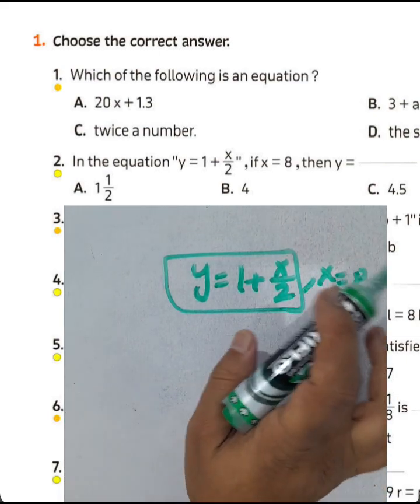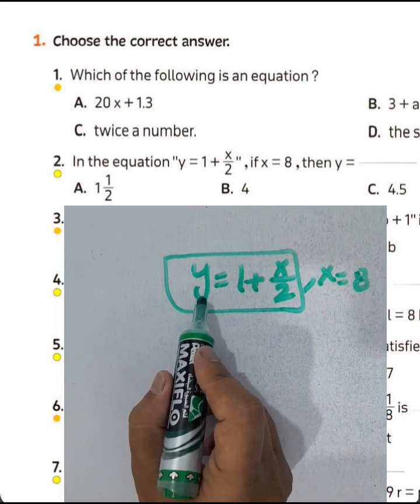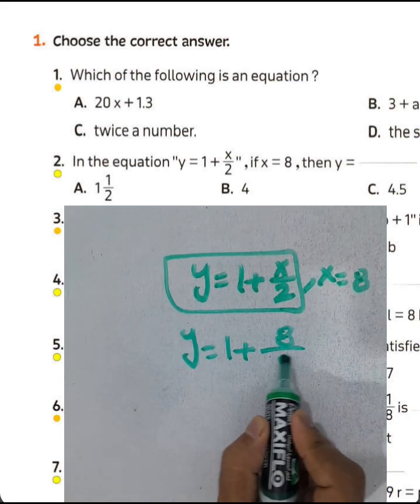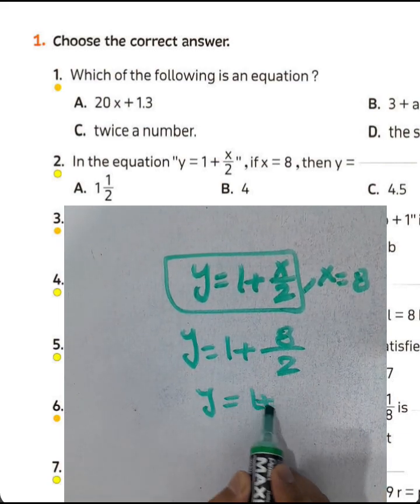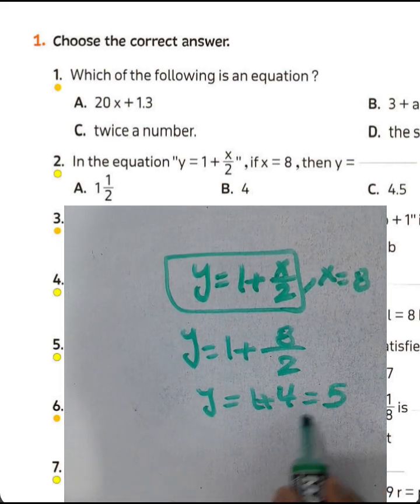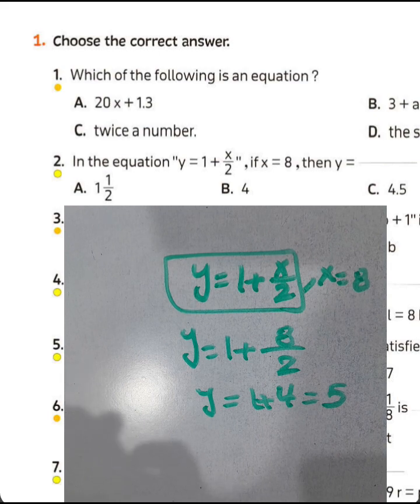We can put x equal 8 in this equation to find the output y. Y equals 1 plus 8 over 2. It will be 4. 1 plus 4 equals what? Equals 5. Then y here equals 5.